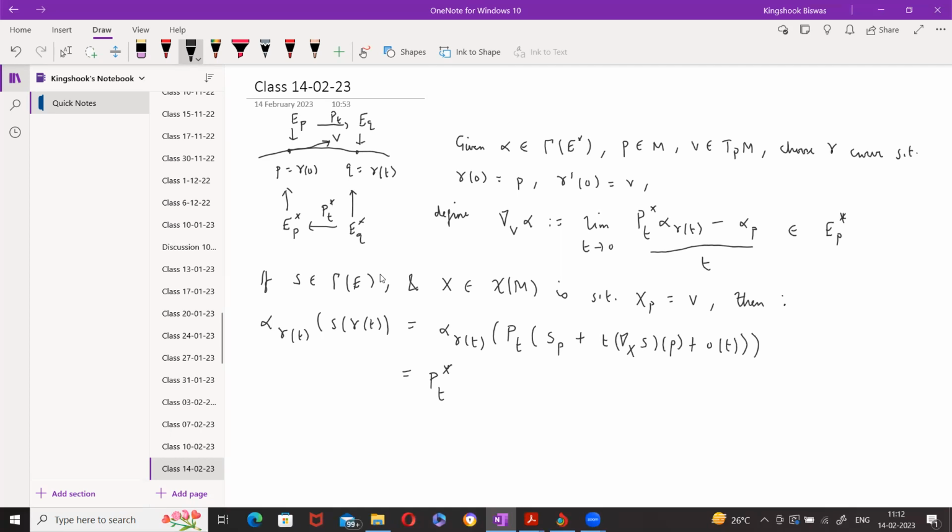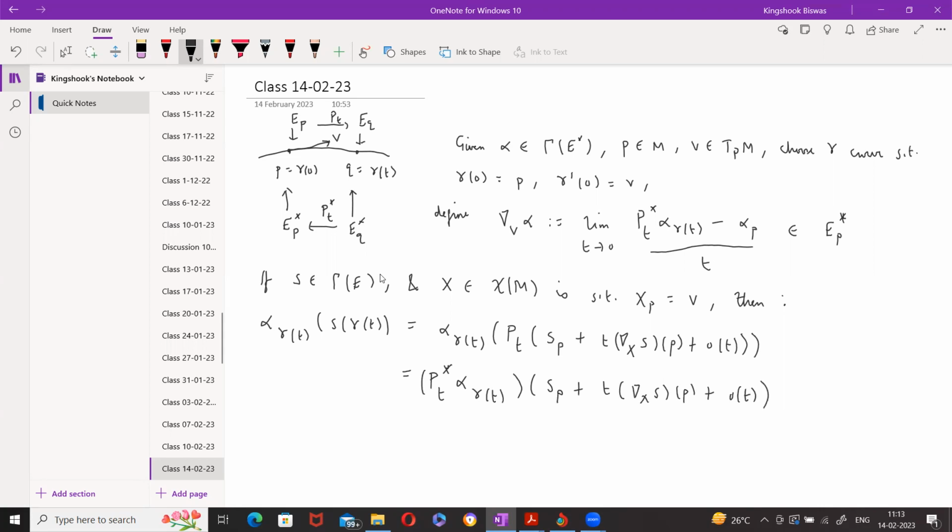So then I get alpha applied to S at P plus t nabla X S at P plus little o of t.